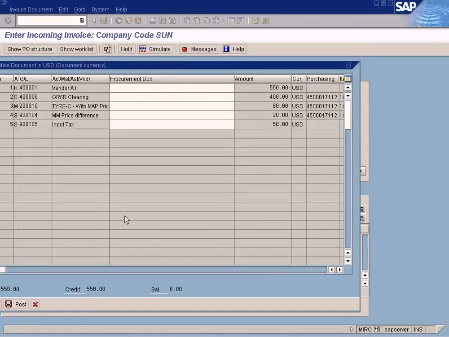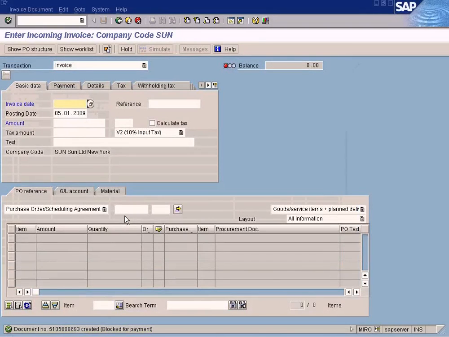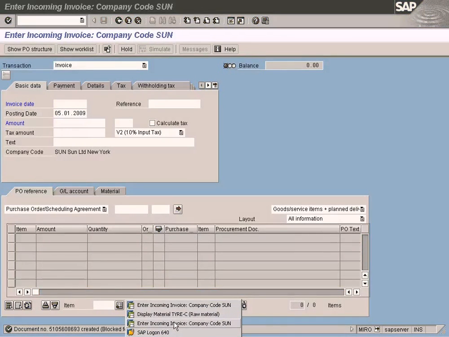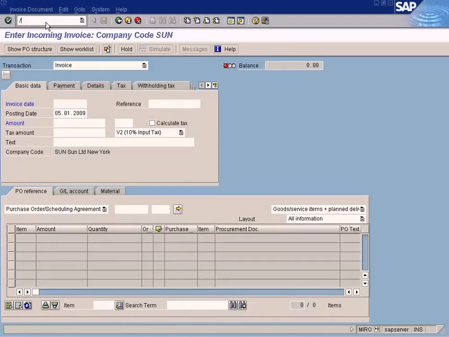I'm going to post this now. Alright, posted. It's blocked, of course, because of the price difference.